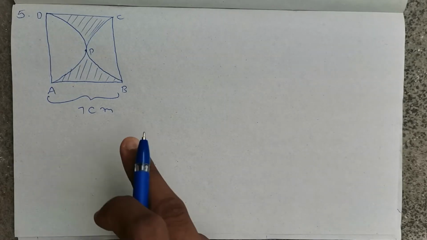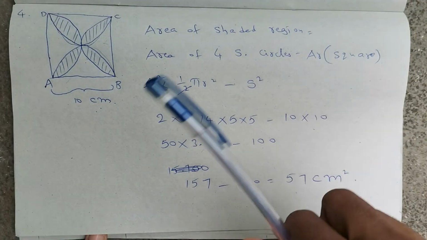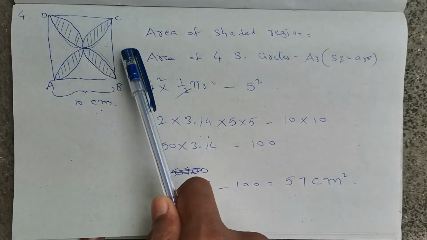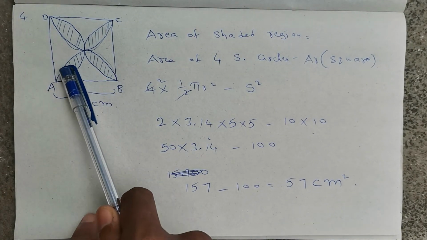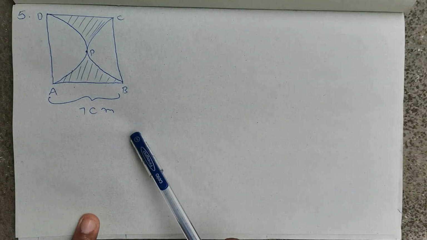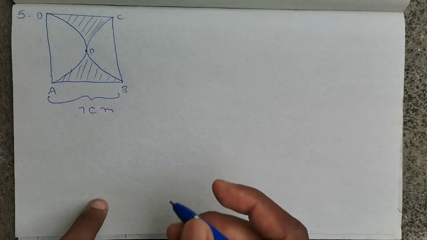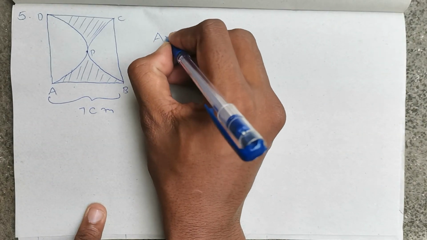Next question number 5. Observe this question number 5 diagram and the fourth diagram clearly. Here in the fourth diagram, the shaded part is inside the semicircles, whereas in this case it is outside of the semicircles. So here we need to find out this shaded part, so it is very simple.